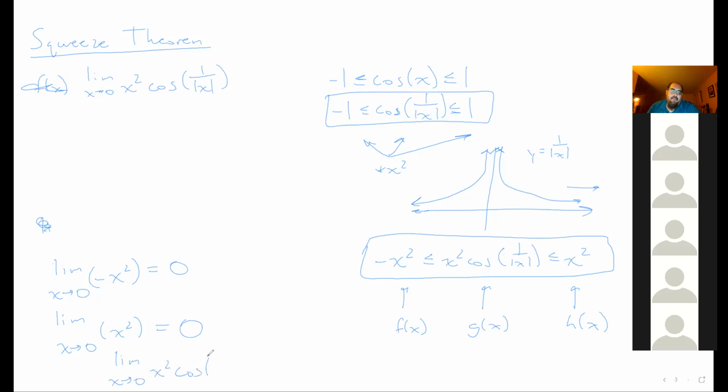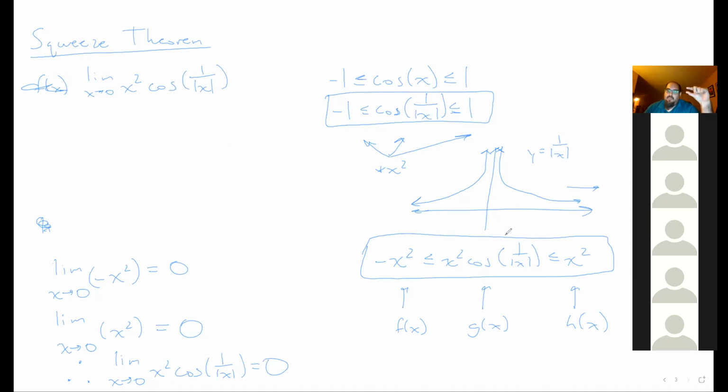Okay. Therefore, that's how the squeeze theorem works. It's kind of a strange thing. And yeah, the graph makes it a little easier to see, but the rationale behind it is, all right, I found a minimum and I found a maximum.